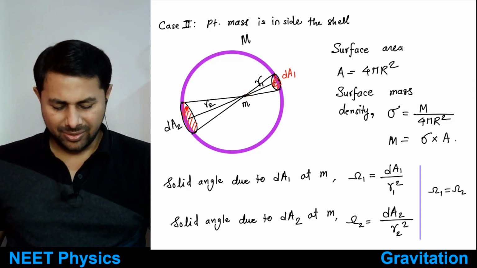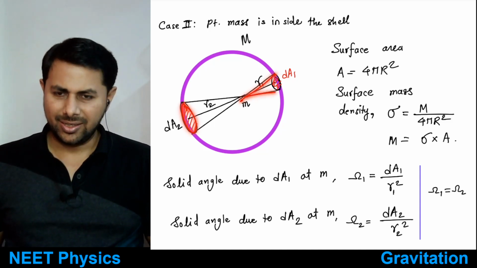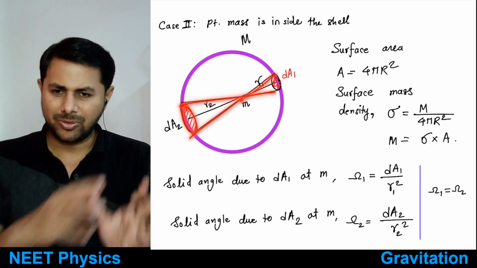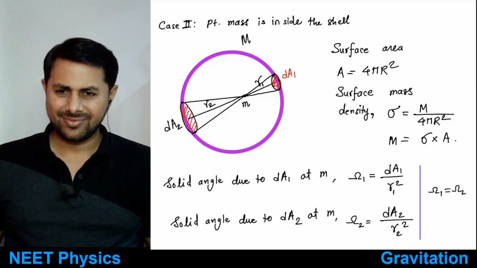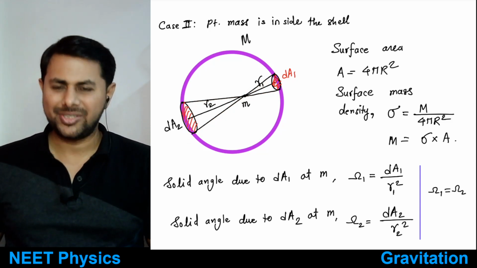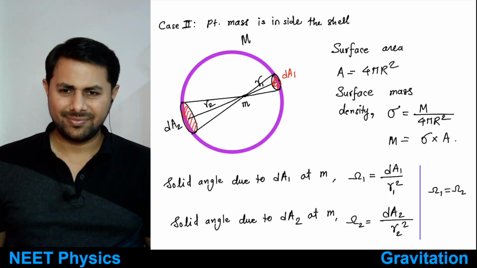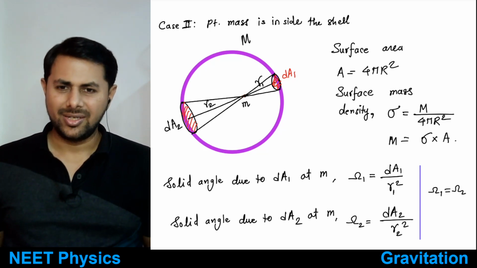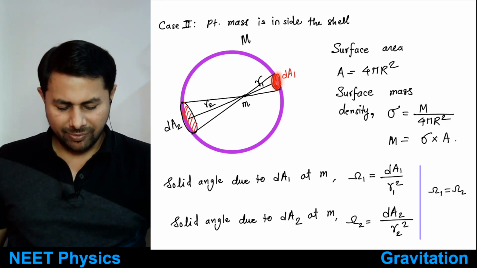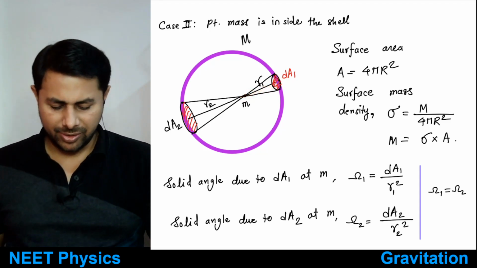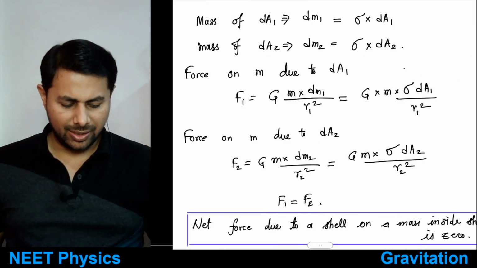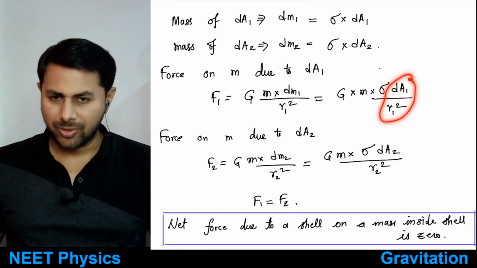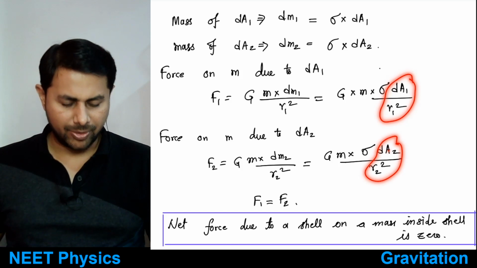And now you can see clearly these are vertically opposite solid angles, so they are equal, right? So dA1 divided by r1 square would be equal to dA2 divided by r2 square.